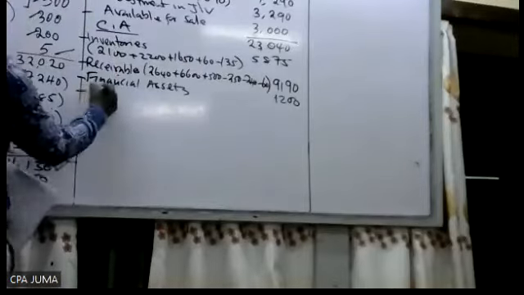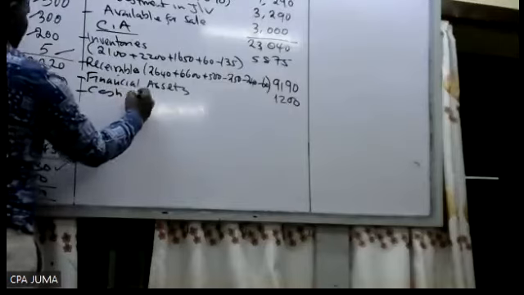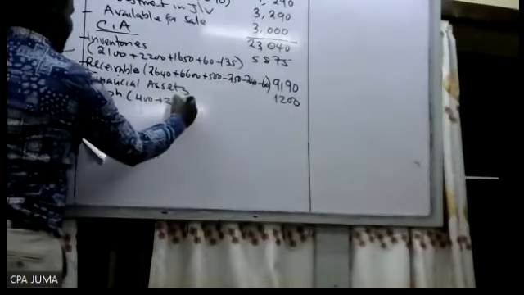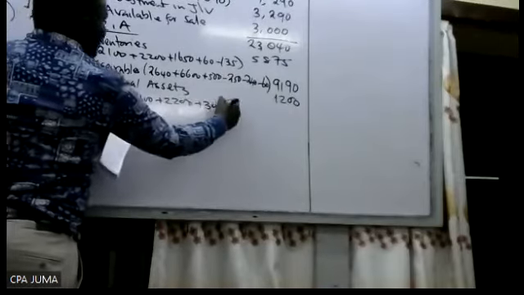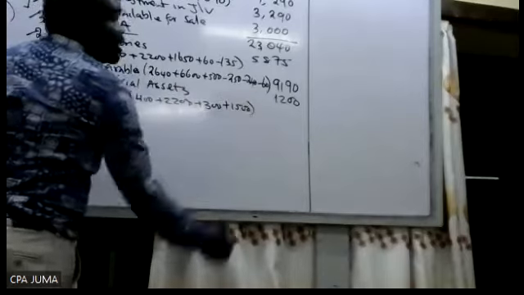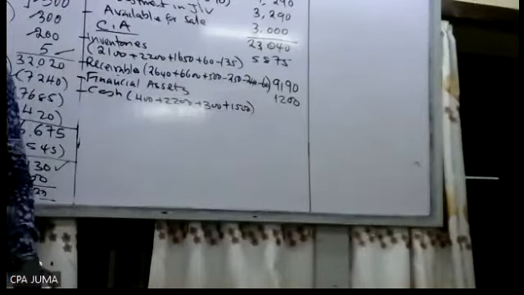Proceed. Cash and cash equivalents. 400 plus 22 plus 300 plus 15. Tell me where 15 is coming from. Tell your neighbor.